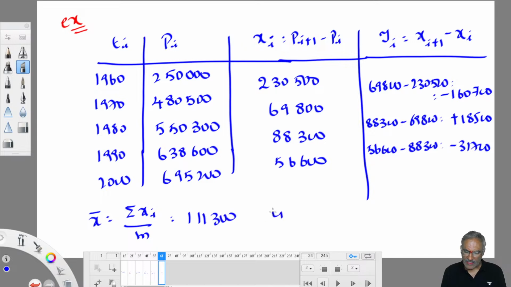And what is Y bar? You take all the y values, y1 plus y2 plus y3 by 3. This is y1, y2, y3. Understood? You can also write like this, sigma yi by m.